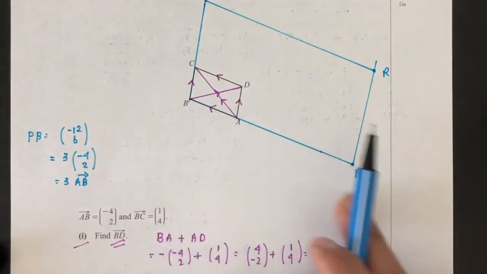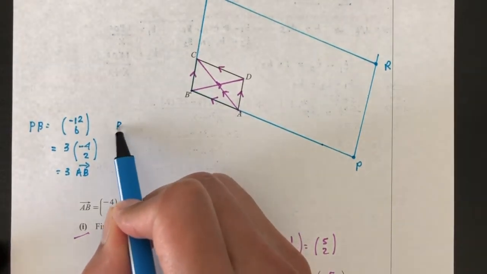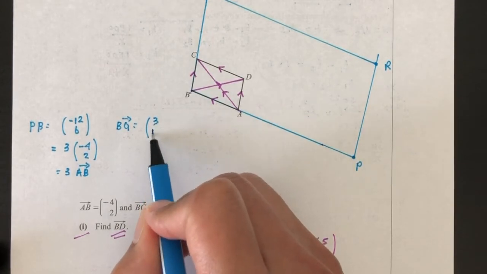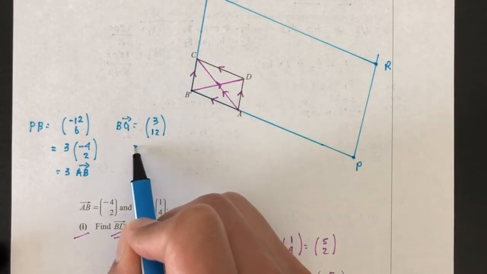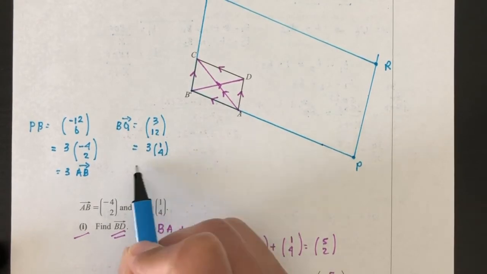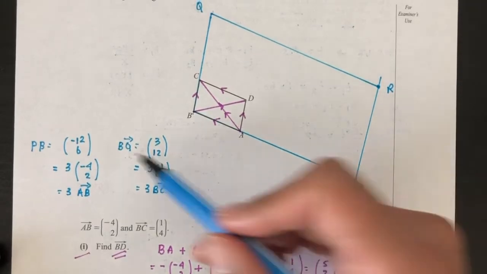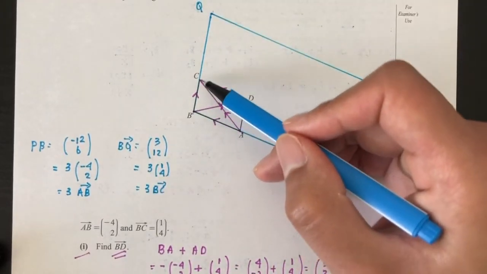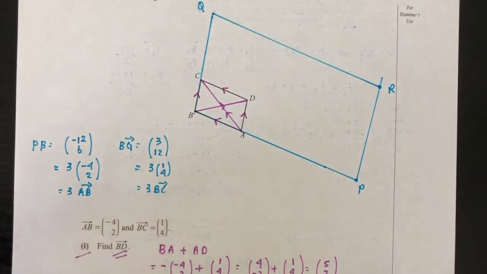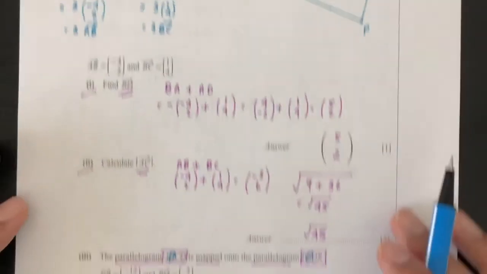So this will be AP. In the same way for BC, we have BQ given as 3, 12, which can also be written as 3 outside, and 1, 4 inside, which is 3 times BC. So BQ is in the same direction but 3 times the value of BC. That will be the idea for this transformation.